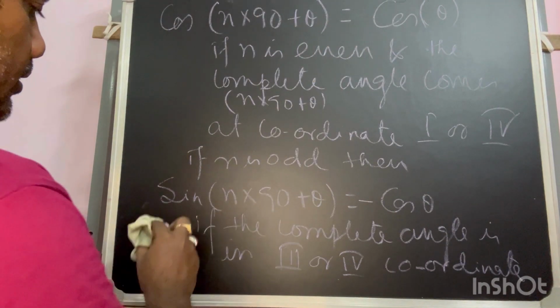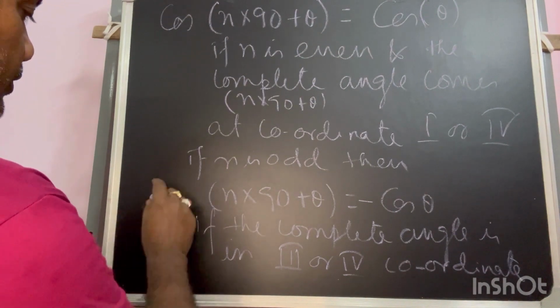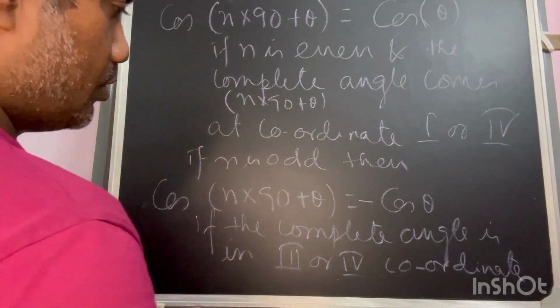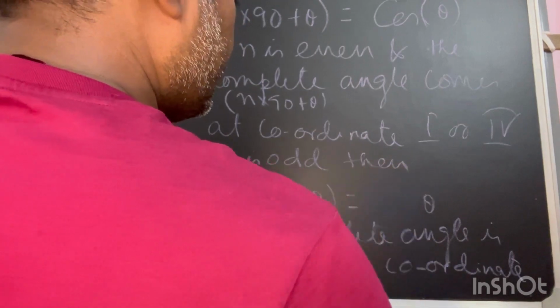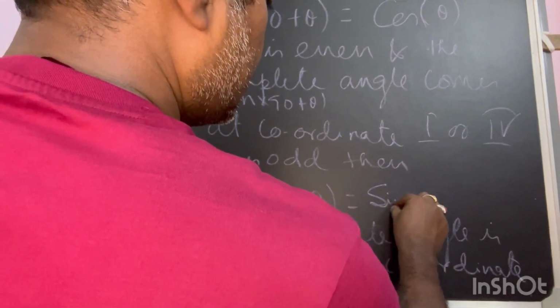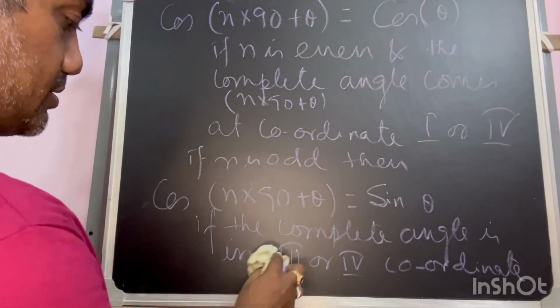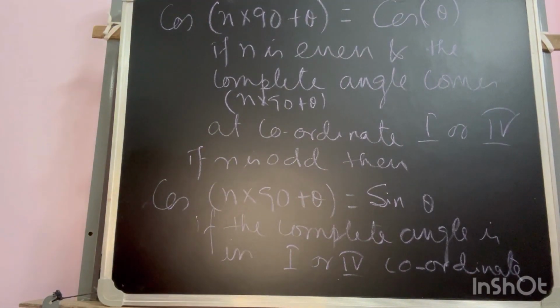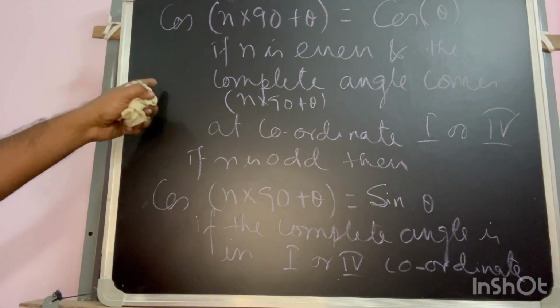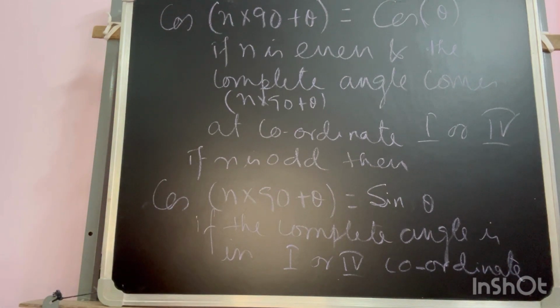Okay, and this cos will be plus sin theta if it is in the same way first or fourth coordinate, because in first or fourth coordinate cos is positive. So this will be like that only. Okay.